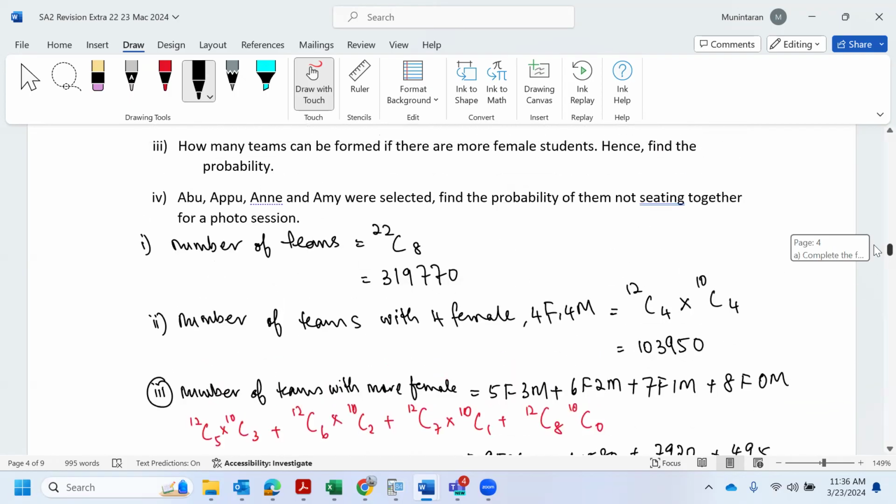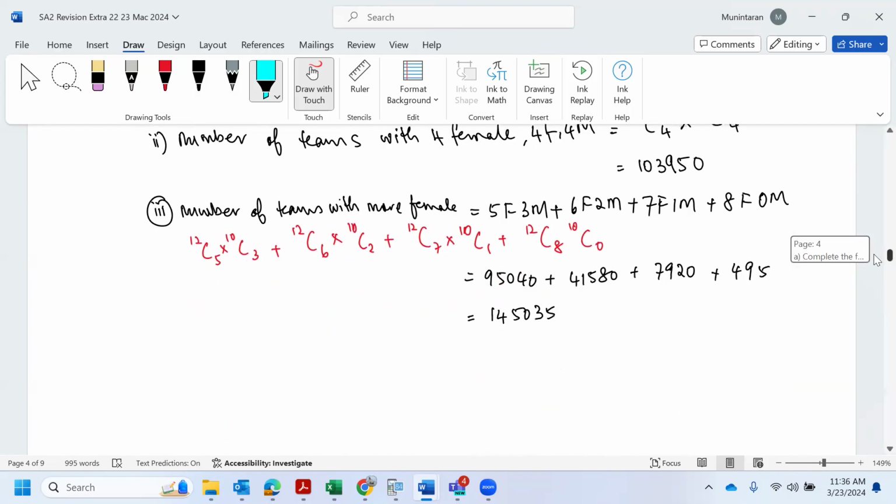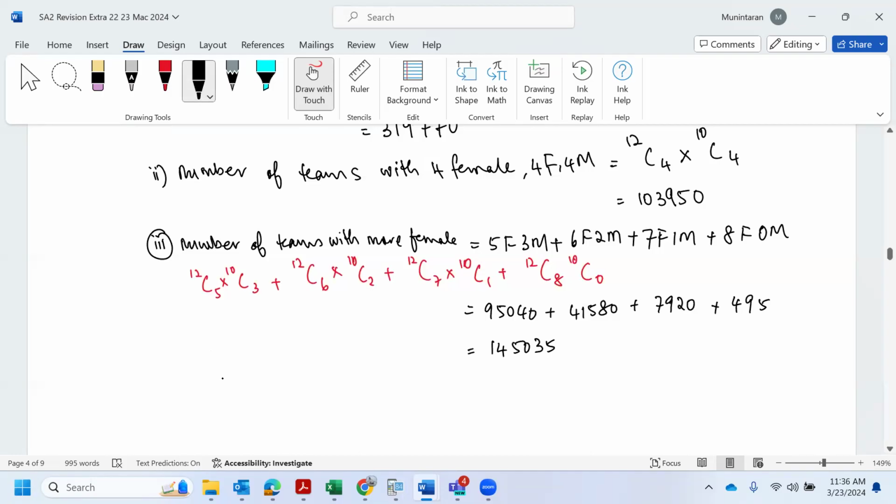And they asked you here, hence find the probability. The probability always goes over the number without any restriction. So the probability of more female would be 145,035 divided by the total 319,770.